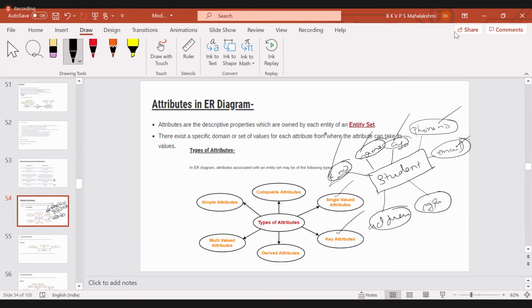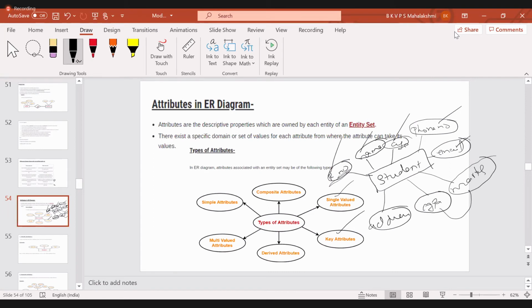Can you get the CGPA value directly? No. From which attribute can you get it? Suppose here one more attribute, roll number, is there. From marks you will get CGPA. So this attribute you are deriving from the marks attribute.